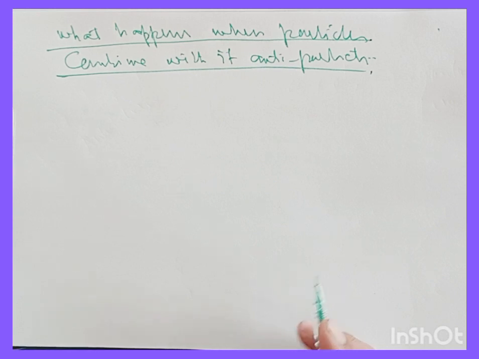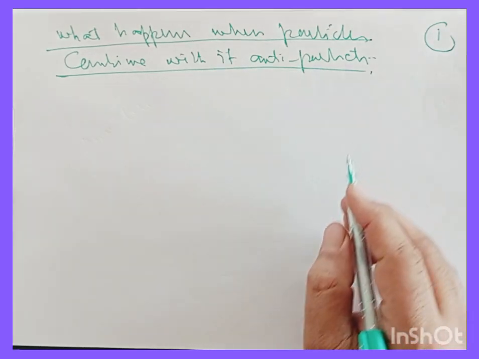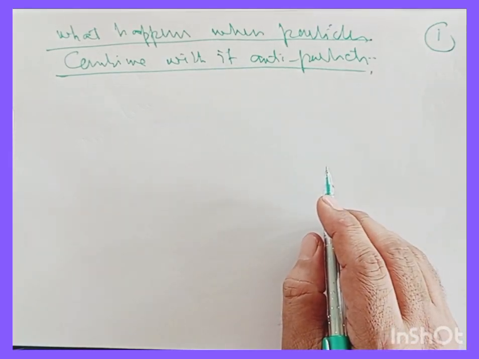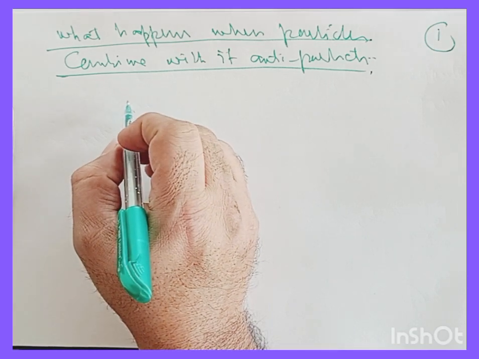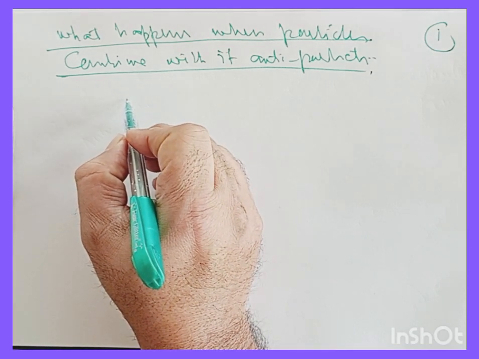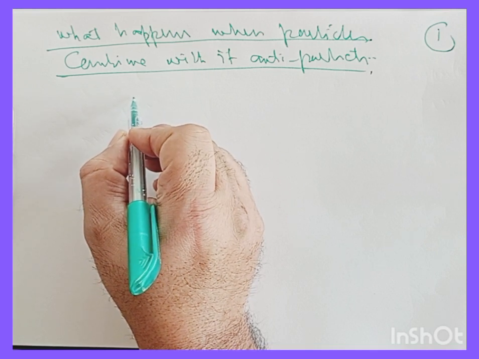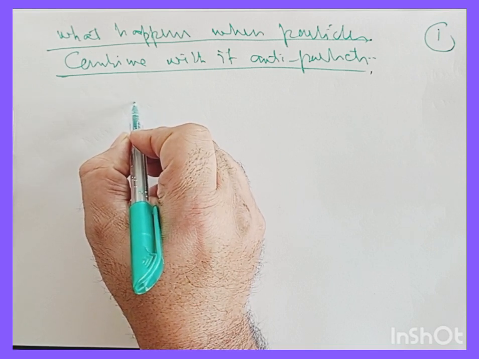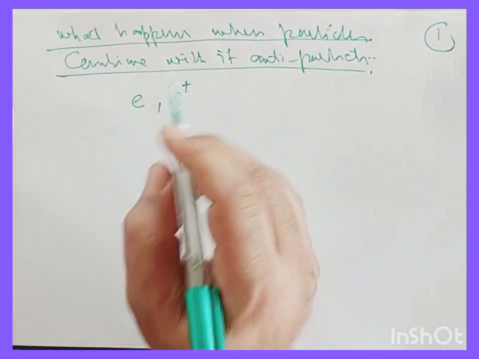Let's have a little bit of detailed analysis of it. Let us assume that I have a particle and its antiparticle as electron and positron.